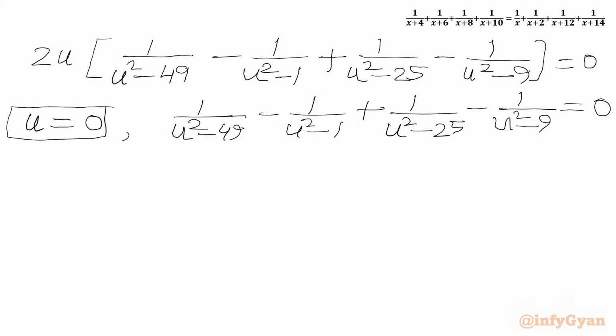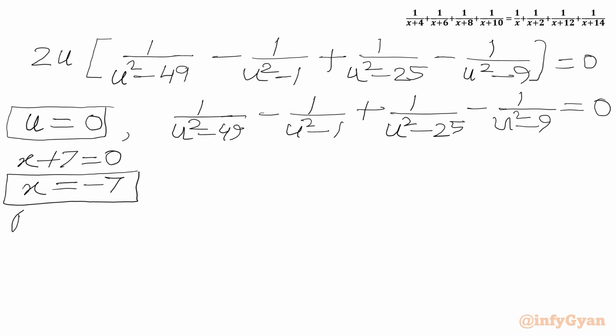So from u equal to 0, u was our substitution x plus 7, we will write here x plus 7 equal to 0. So x will be equal to minus 7, which is a rational root. That's why we will reject our solution x equal to minus 7.